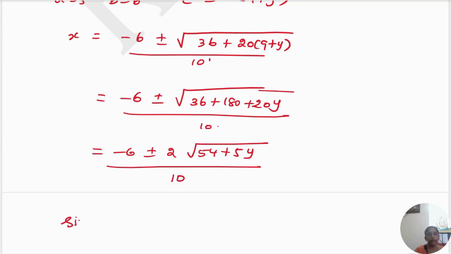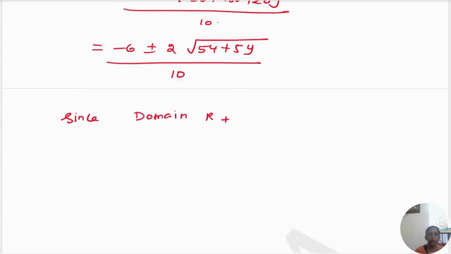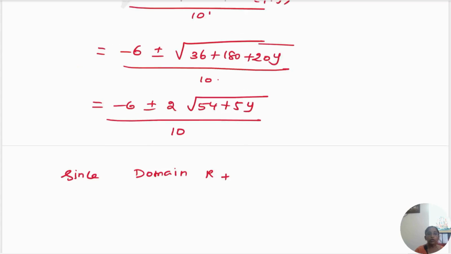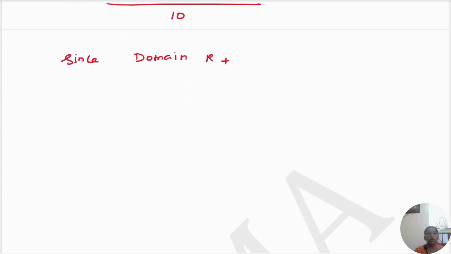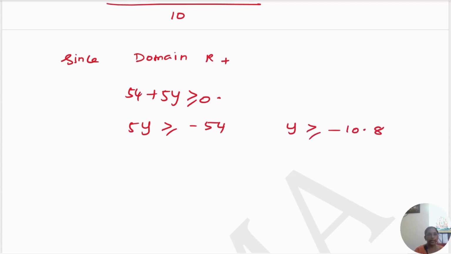And we know very well in the question, since the domain is R plus, it has to be only with the positive data. So the data within your square root should be greater than or equal to 0. So 54 plus 5y is greater than or equal to 0. So 5y is greater than or equal to minus 54, and y is greater than or equal to minus 10.8.